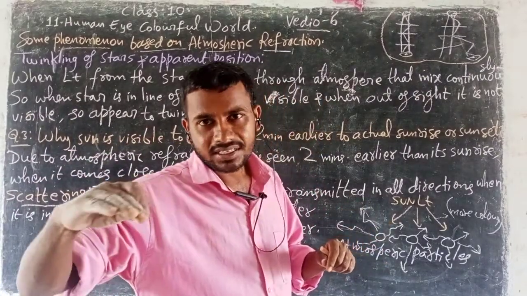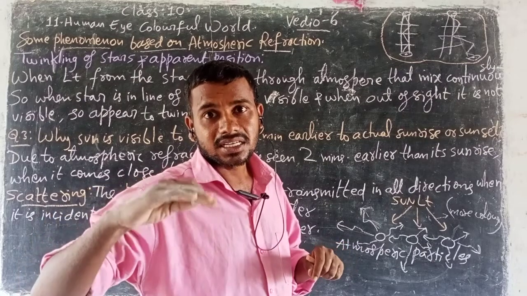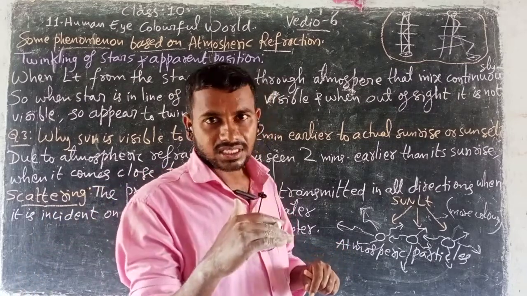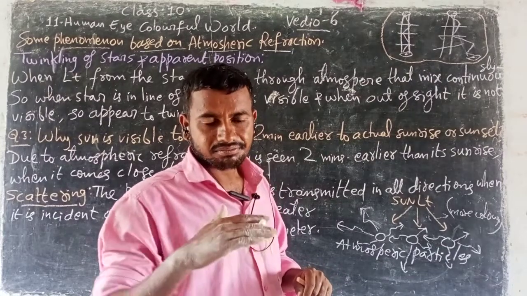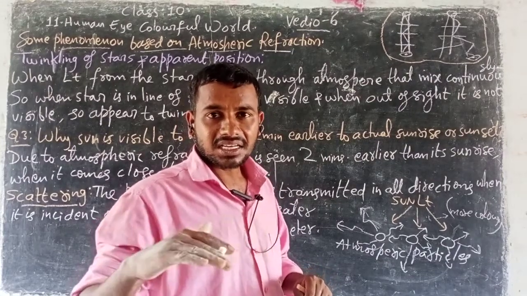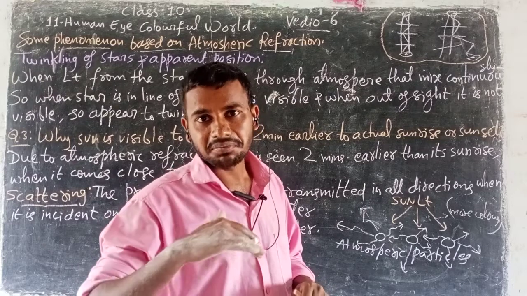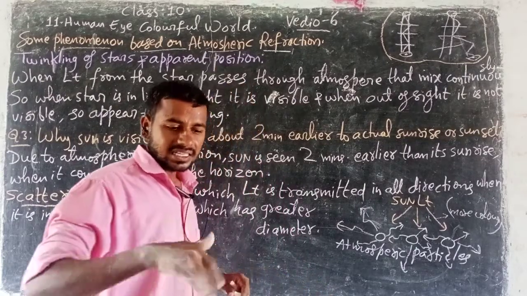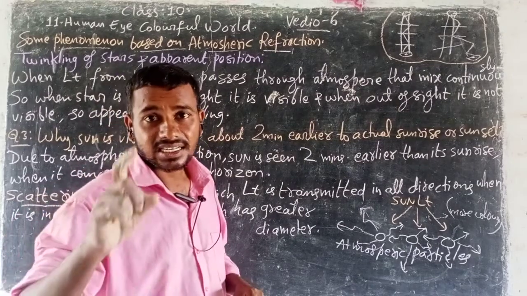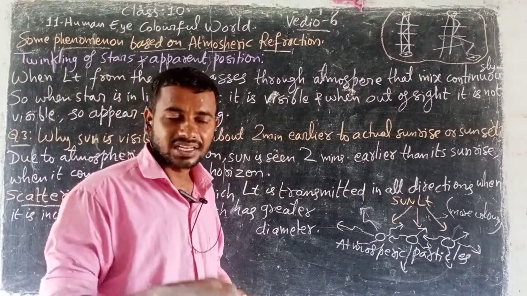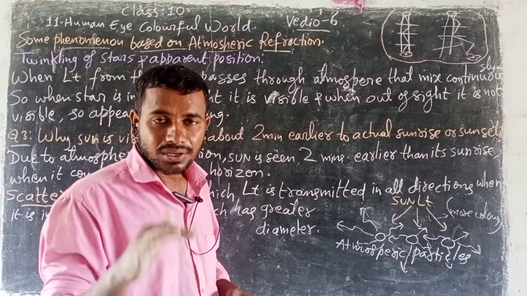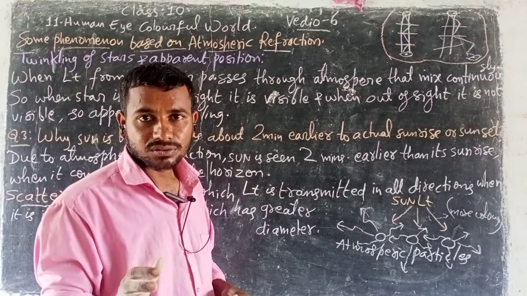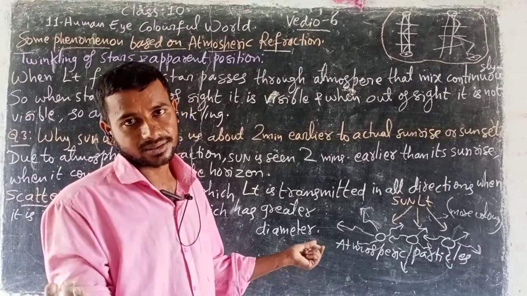One type of layer is there, that is a rarer layer. Below the first layer, not rarer, not denser, but a medium type of layer is there. Near the earth surface, a denser layer is there. Denser means the layer contains more particles than a rarer layer.